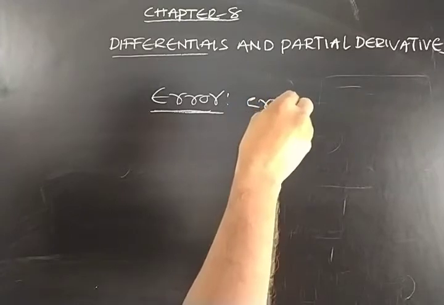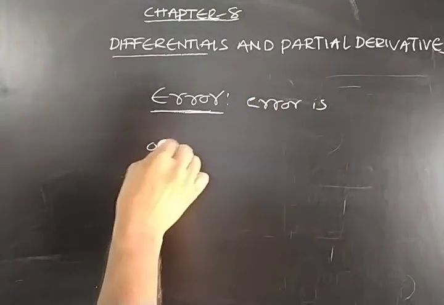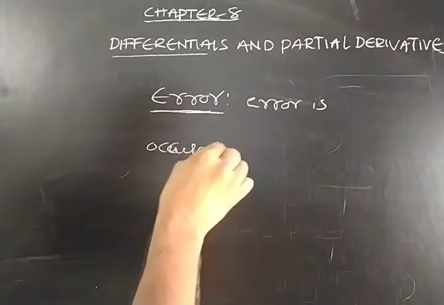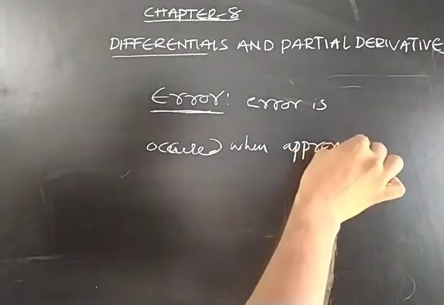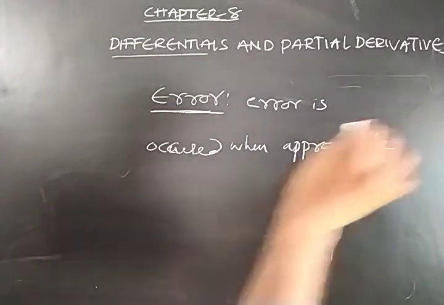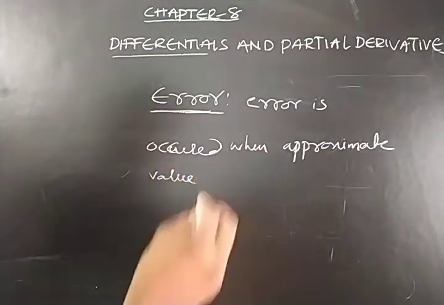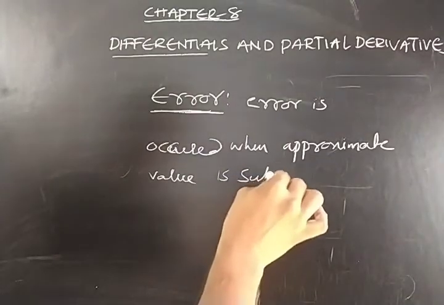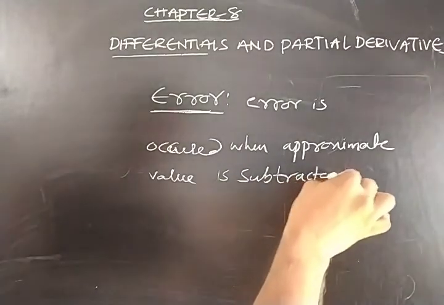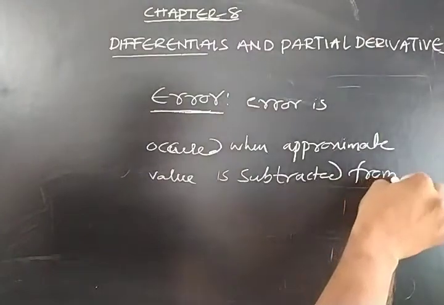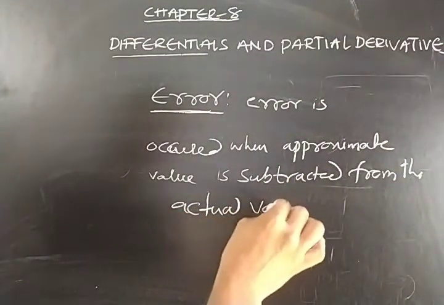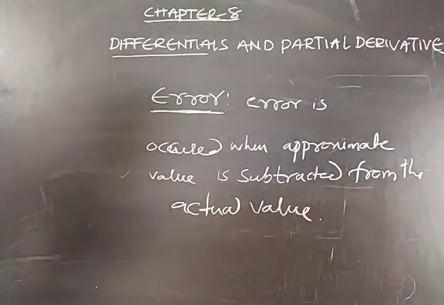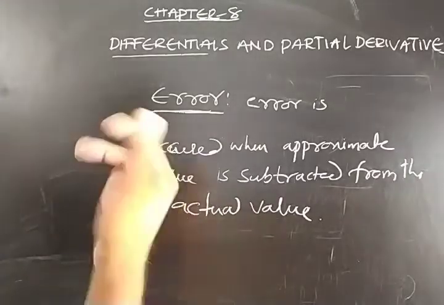Error occurs when the approximate value is subtracted from the actual value. Error is defined as true value minus approximate value.